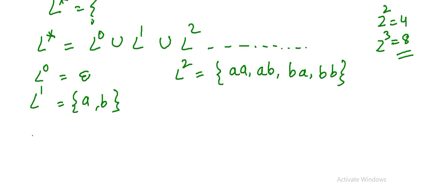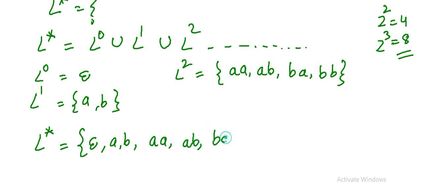Now what I want to say is that this is incomplete, because we have to put all these strings into this formula. So the formula is L star as your L0, which is the empty string, union L1, which is A comma B, and then union L2, which is nothing but the set of all strings of length 2: AA, AB, BA, BB, and so on.